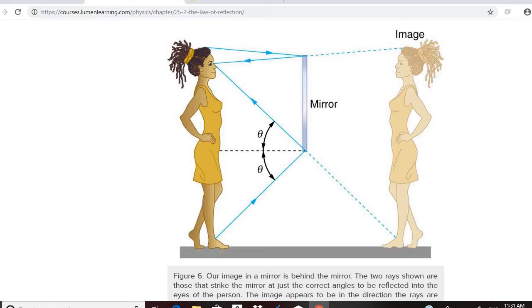And if light is reflected off the mirror at numerous places, then you see the complete image of your body, but it appears to come from behind the mirror. And so the brain will form an image where the light appears to have originated.